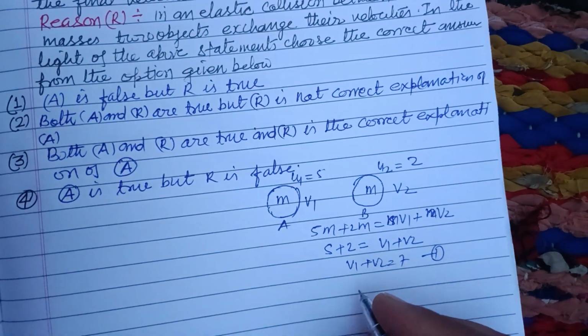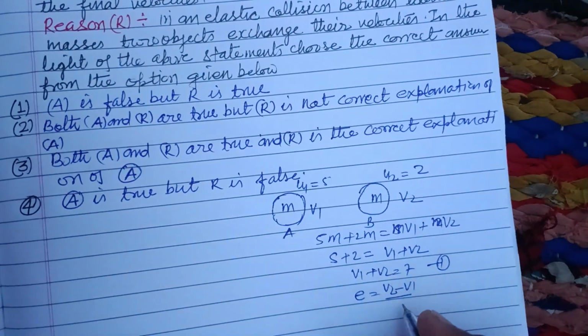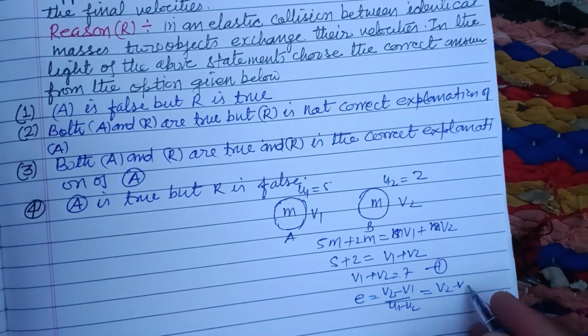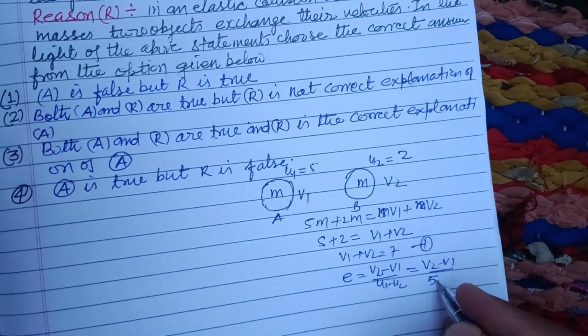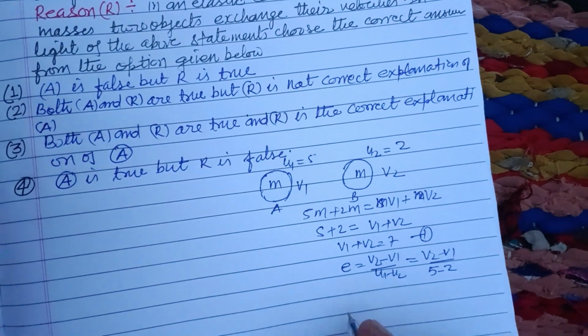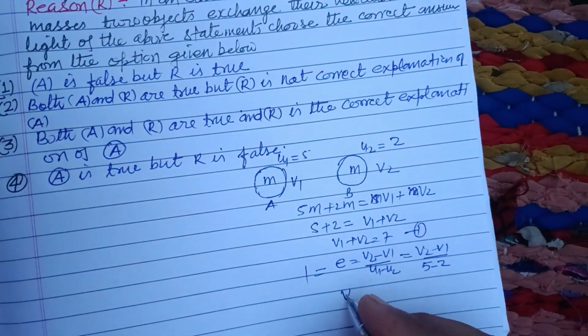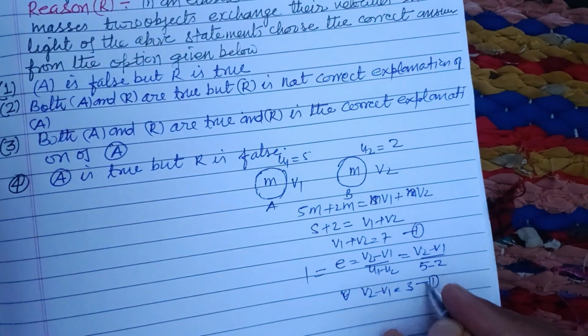Now using Newton's law, e equals (v2 minus v1) upon (u1 minus u2), where u1 is 5 and u2 is 2, and e is 1 for elastic collision. Therefore v2 minus v1 equals 3. So this is our second equation.